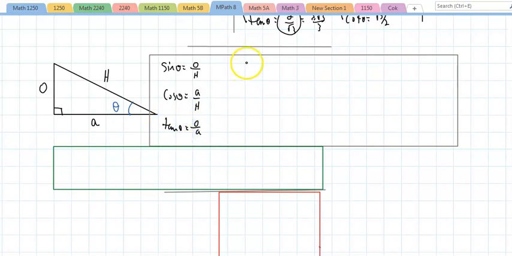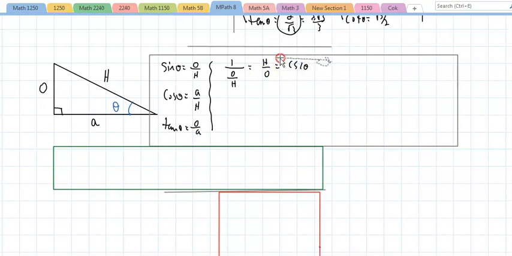I noticed that if I take 1 over the opposite over the hypotenuse, 1 over a fraction is the reciprocal of the fraction, and that would be the cosecant of theta.